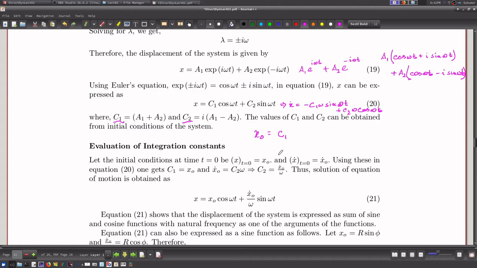Therefore if I put time t equal to 0 for the velocity, x dot is x dot naught, and this will be given by C2 times omega, and hence my C2 is x dot naught by omega.